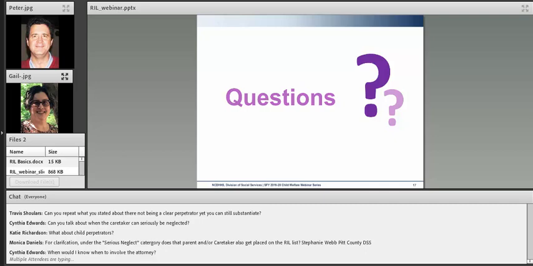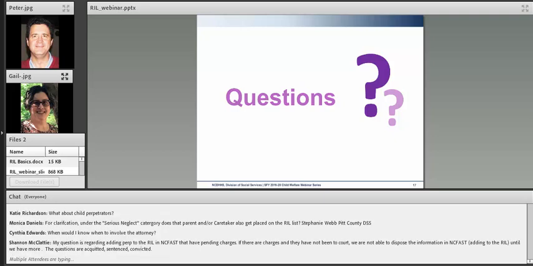I know that isn't always done, but you wouldn't find yourself making an RAL decision at 2 o'clock in the morning when you don't have access to your attorney. At some point during the day, you're going to have access to an attorney. And my thought would be that before you put somebody on the RAL, you should staff it with your attorney.